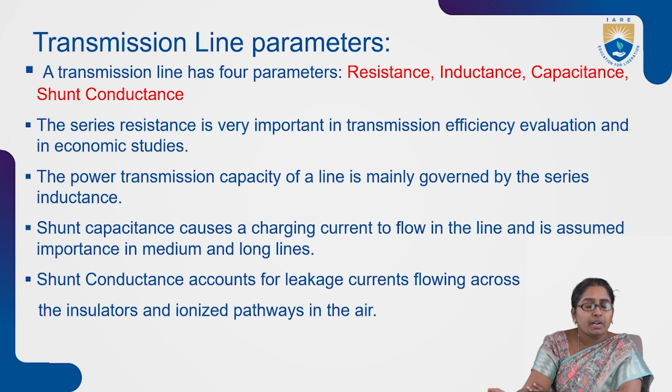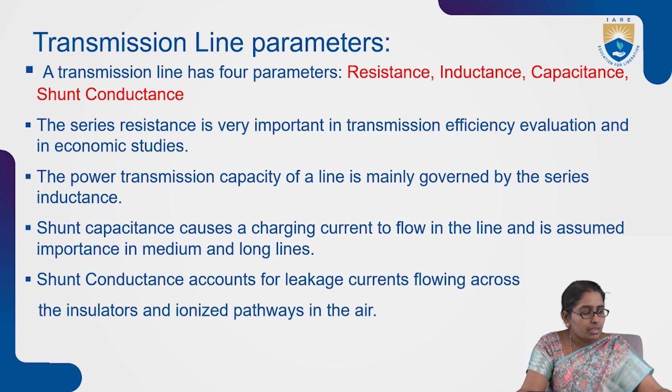Here there are four transmission line parameters: resistance, inductance, capacitance, and shunt conductance. These are the various parameters which come into picture when a conductor is carrying current, in case of transmission lines.